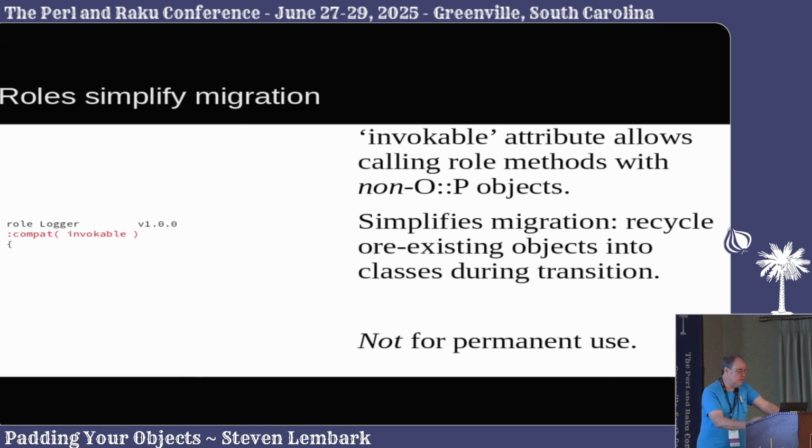One neat thing that is a short-term fix you can add to a role is invocable. This attribute says, if you give me an object that is not directly derived from Object::Pad, I won't puke. If you don't put this in and you put your old blessed thing through here, you're going to have problems. So this is a crutch.